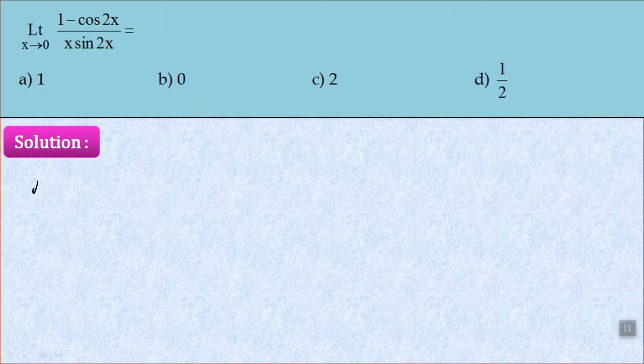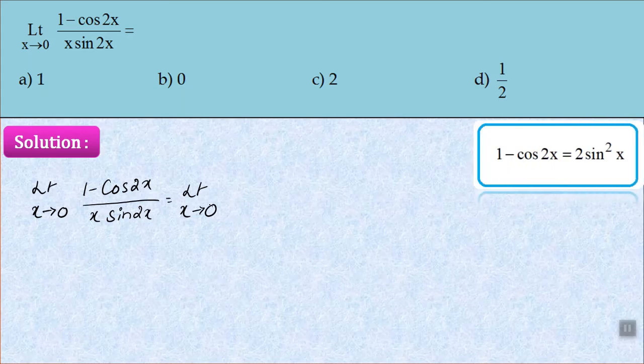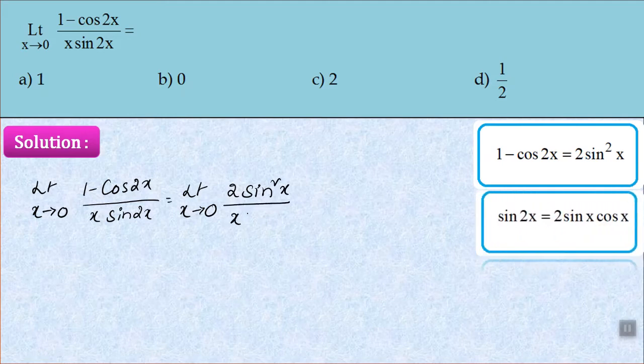The question is limit x tends to 0, (1 minus cos 2x) divided by x into sin 2x, is equal to. Limit x tends to 0. We know that 1 minus cos 2x is equal to 2 sin square x, divided by x into, we know that sin 2x is equal to 2 sin x cos x.